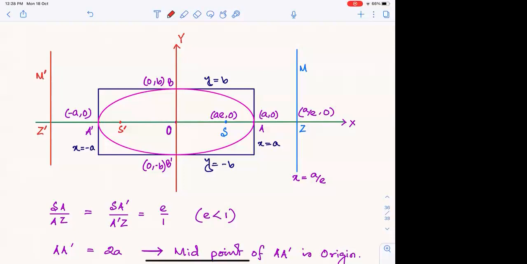So we can consider this ellipse also with the pair of focus and directrix at S dash and along Z dash M dash. Is it okay?